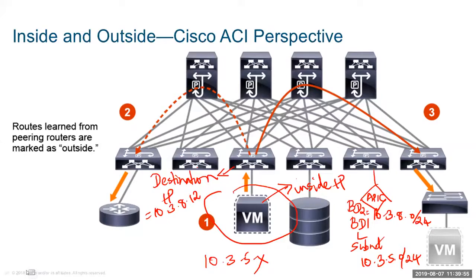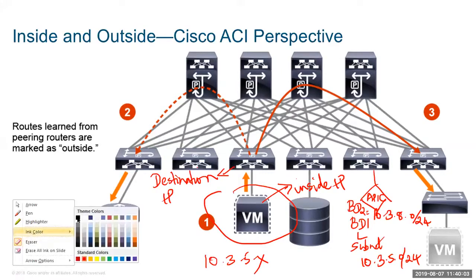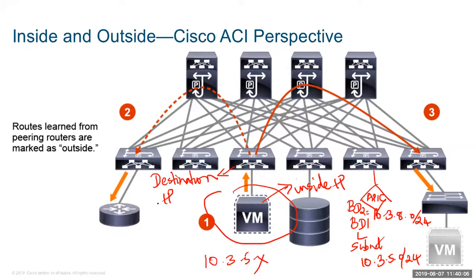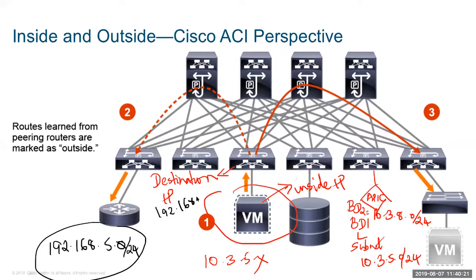Well, if that's not the destination, not defined in the APICs or tenant space, let's go with the destination 192.168.5.3. Of course, I shouldn't be including the math, but I'm just going to go ahead and say that.